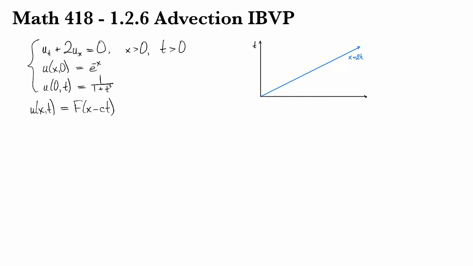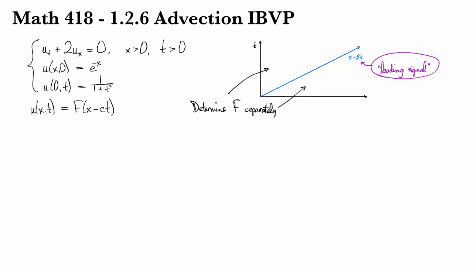So the thing is, we're going to need to determine f separately for each of the two cases, either what's happening over here or what's happening over here on either side of this line x equals 2t. This is called the leading signal because it determines where the behavior differs. So the idea for the solution is to let the PDE carry the boundary signal into the region.